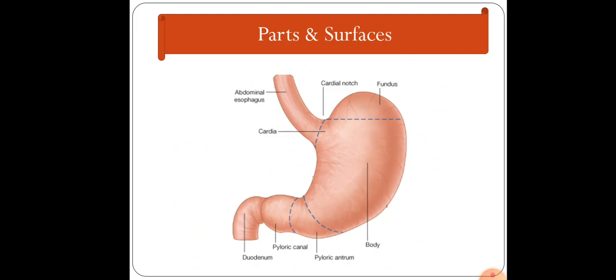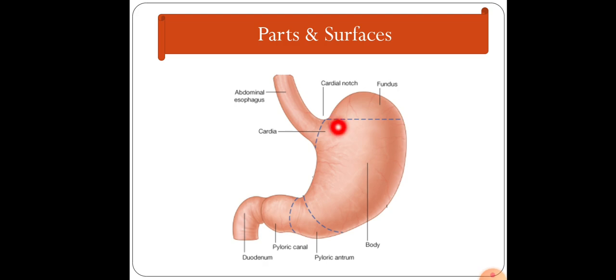The stomach has 4 parts, in some references 3 parts. Cardia surrounds the cardiac orifice, then fundus, body, and pylorus. We need demarcation between these parts.